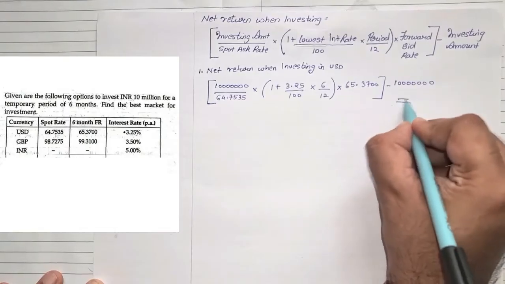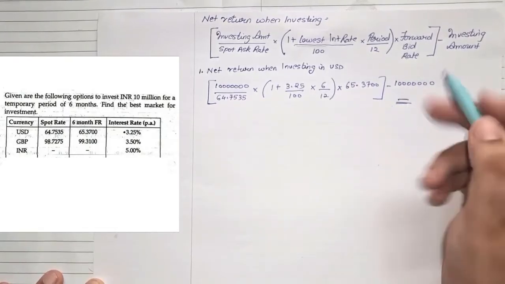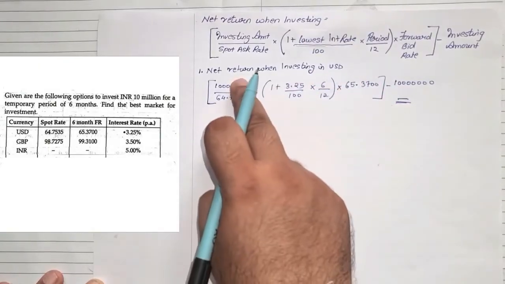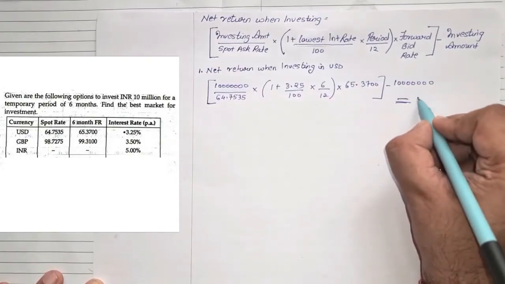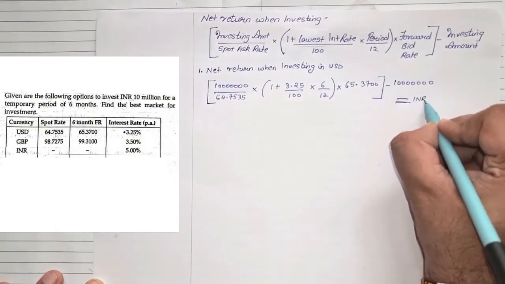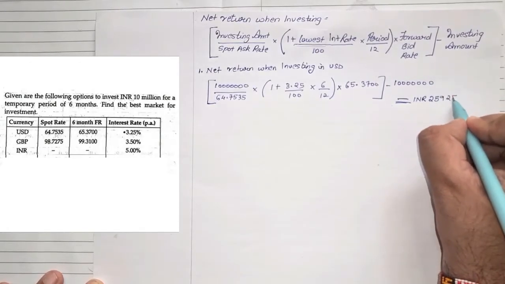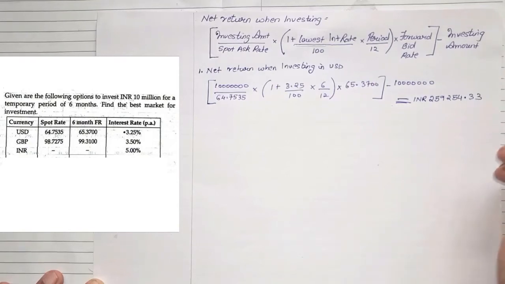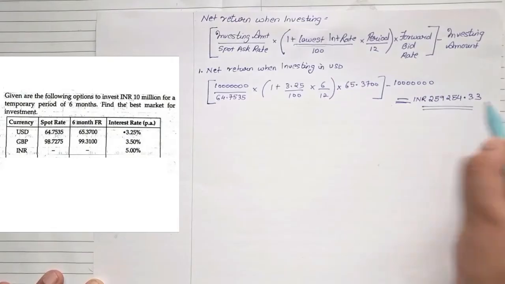Okay, so once you solve, whatever answer you get minus 1 crore, you all should get the answer as INR 259,254.33. So that will be 2,59,254.33.